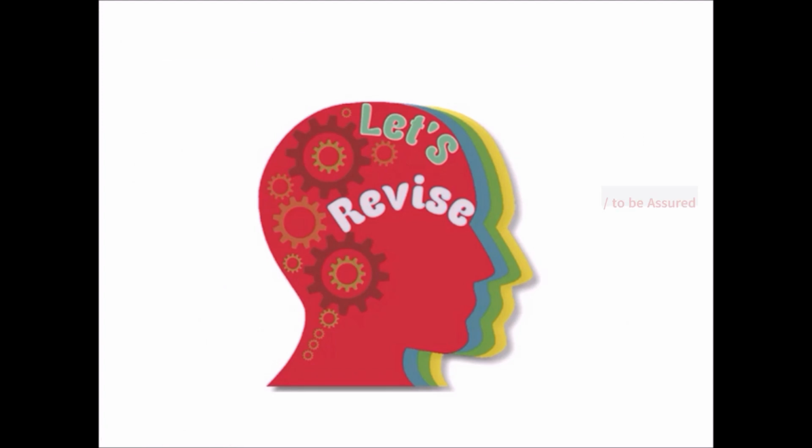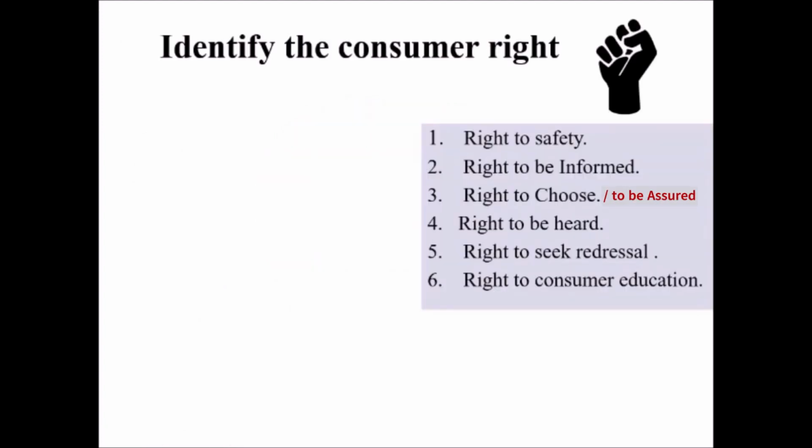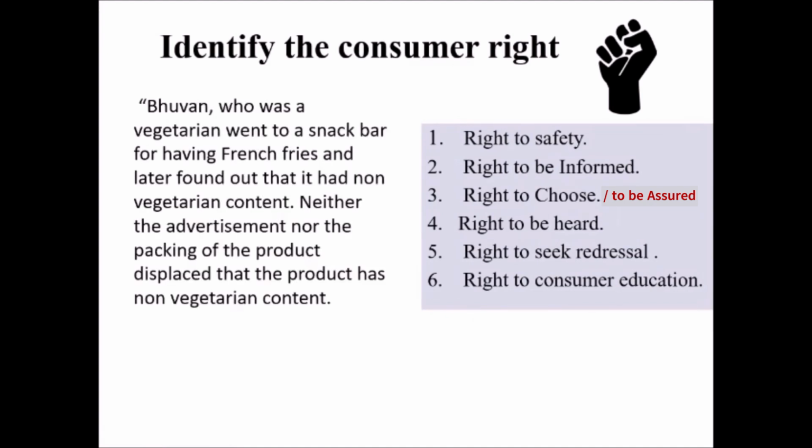Now let us revise the 6 rights which we have done. I am going to pose a question and you have to think about which particular right is applicable or violated here. The first one: Bhuvan, who was vegetarian, went to a snack bar for having French fries and later found out that it had non-vegetarian content.